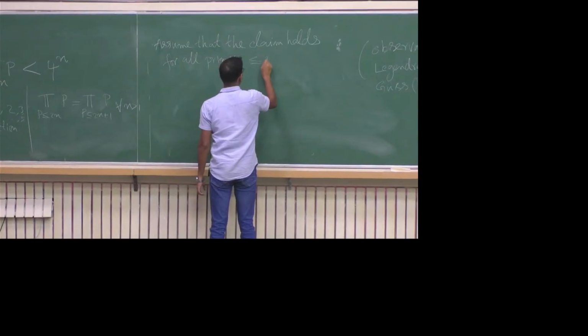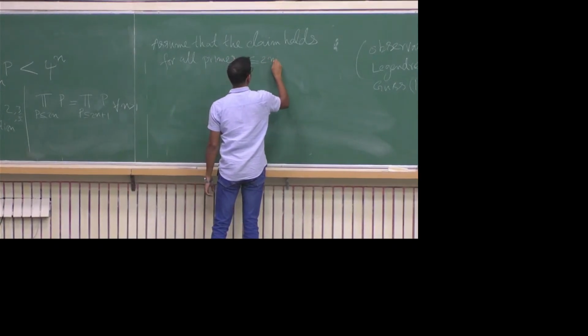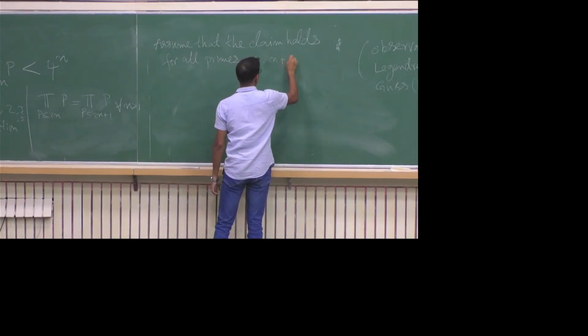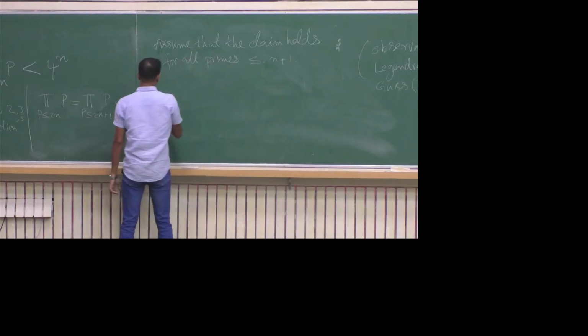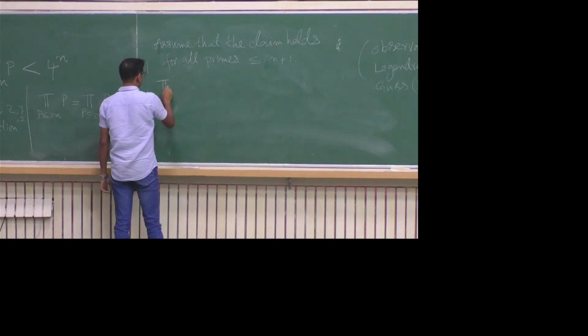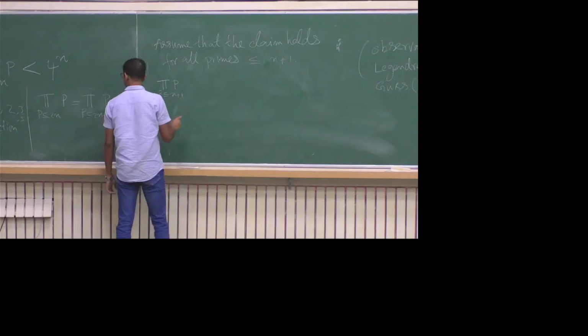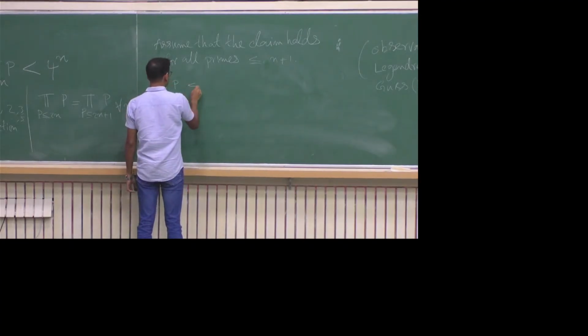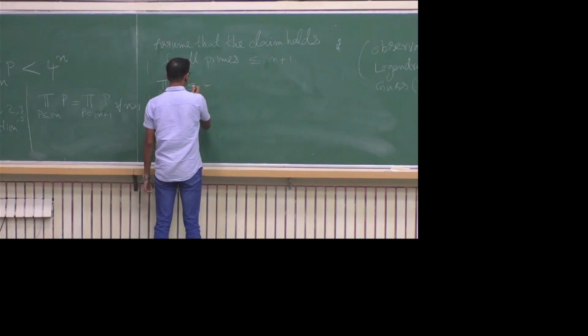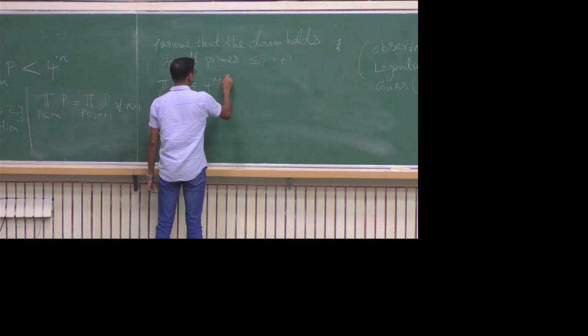That means you have the product of the primes p less than or equal to n plus 1, and this is less than 4 to the power n plus 1.